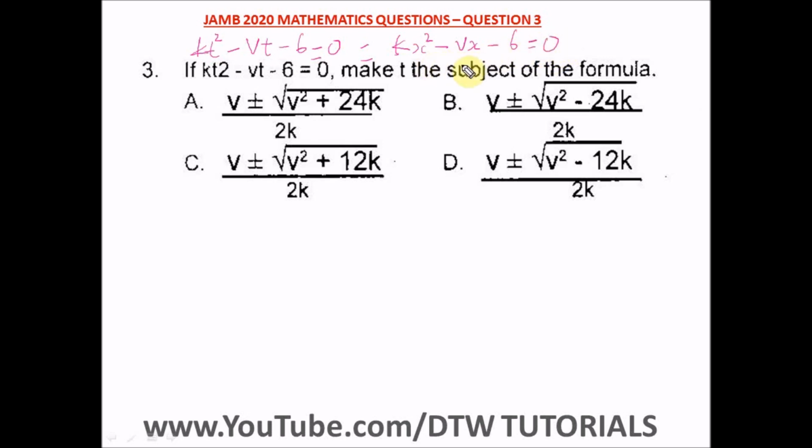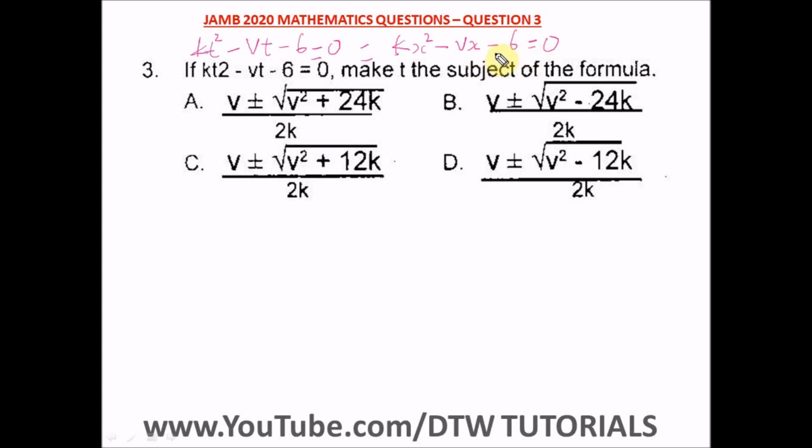So basically this is a quadratic equation, and if you recall from your secondary school mathematics, there are different ways of solving a quadratic equation. You can solve it via the almighty formula, via the elimination method, via the substitution method.